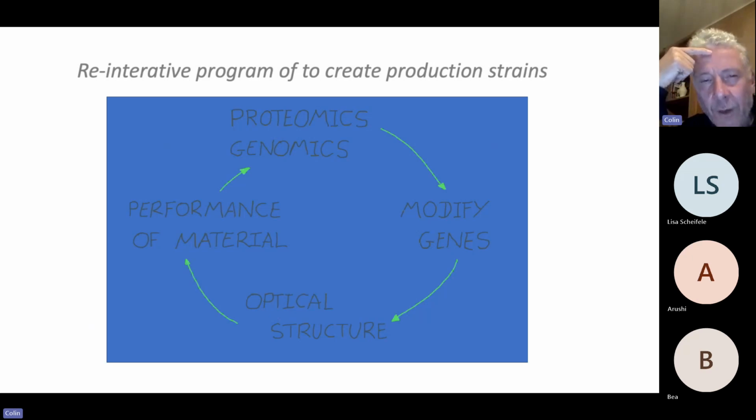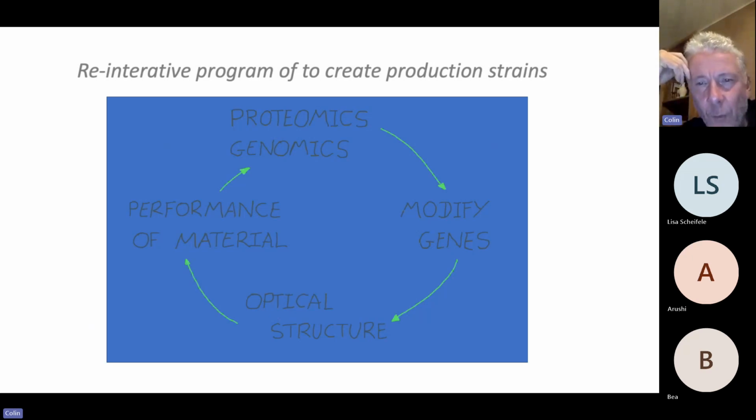Then we try to convert the optical structures into materials. If we shift the organism's colonies to red, does it also become a red material after you kill the organisms and preserve it and try to make it into some sort of paint or something like that? And once you learn that, you go back into this cycle again.